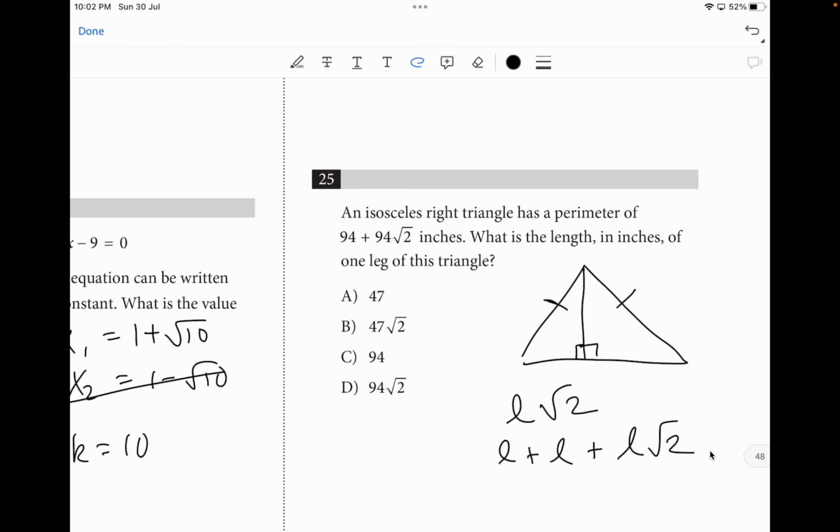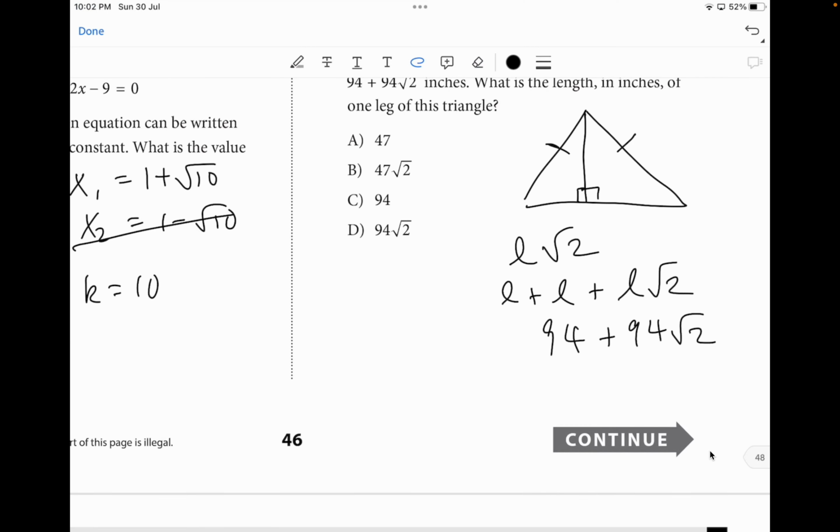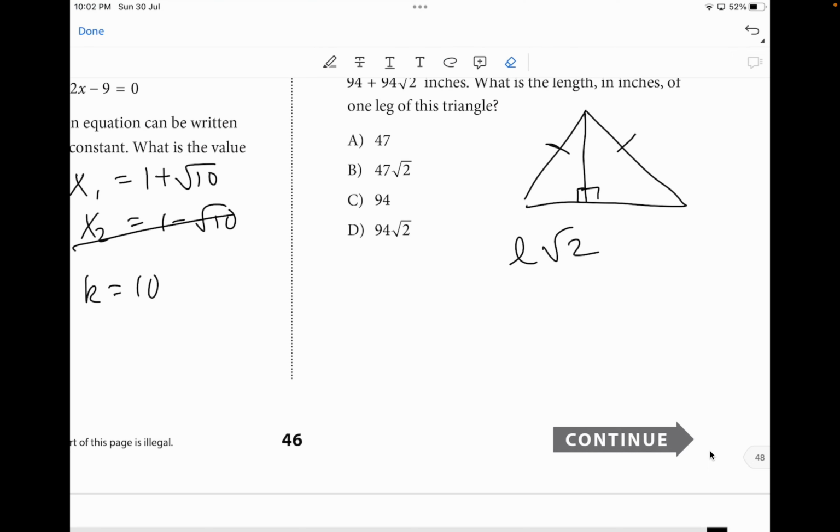Since it's given that the perimeter is 94 plus 94 square root 2 inches, we make these equivalent. So L plus L square root 2 is equal to 94 plus 94 square root 2.